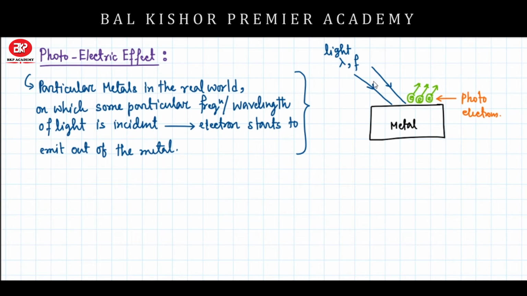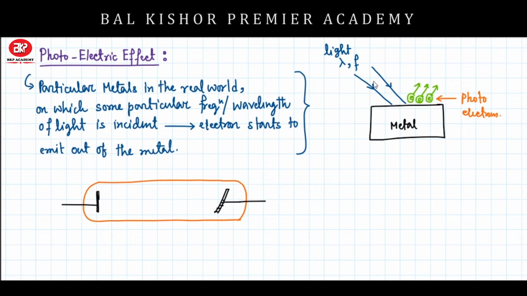For this case, the experiment looks like this. Let us take an inert gas chamber. Suppose this is an inert gas chamber, and in this chamber, let us take a metal plate here. This is the metal plate that has been connected here, a particular metal which can emit electrons.